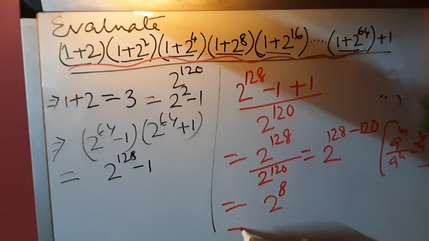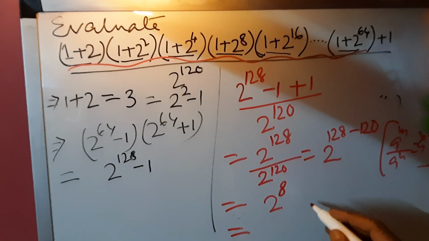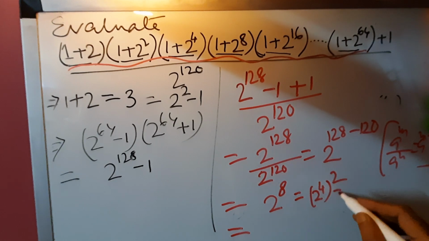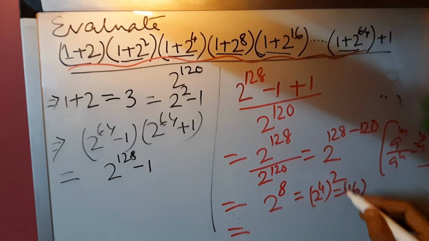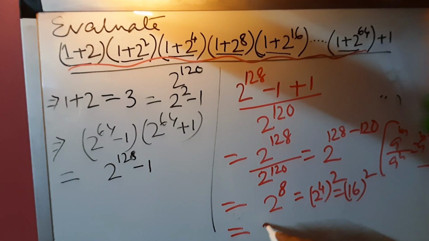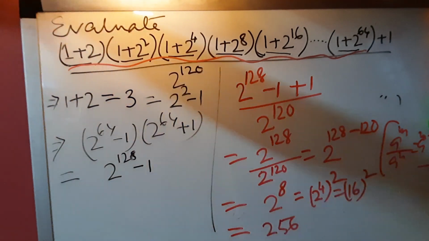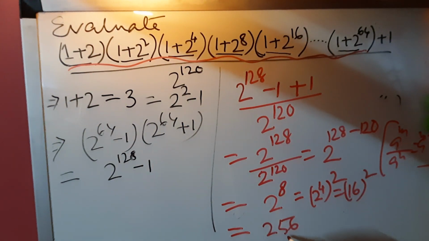If we break this 2 to the power 8, it will become 2 to the power 4 into 2 to the power 4, that is 16 into 16, which is 256. So after simplifying, the value of this expression is 256.